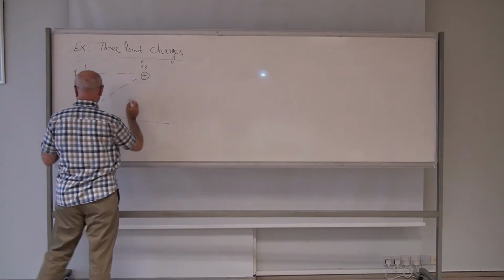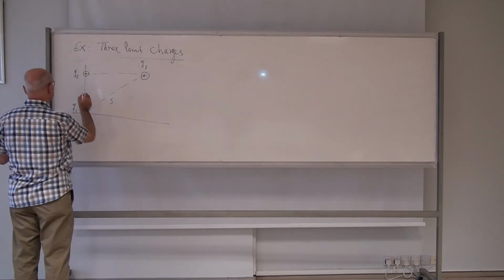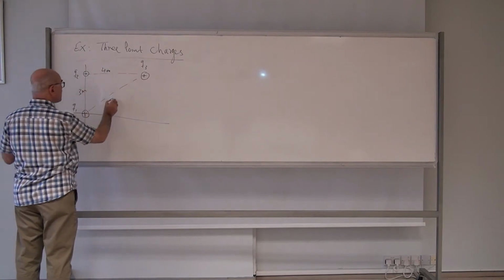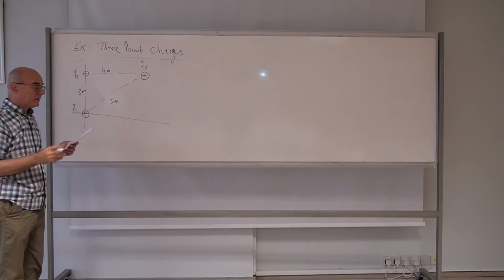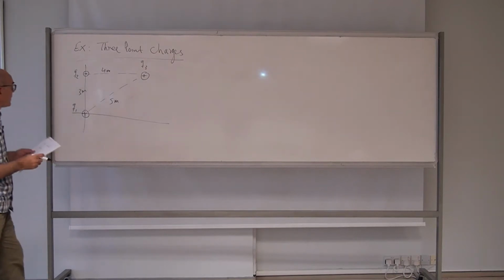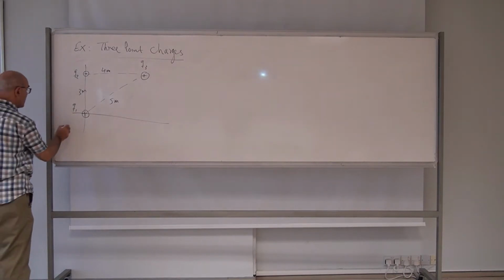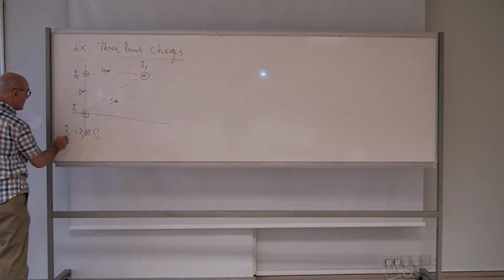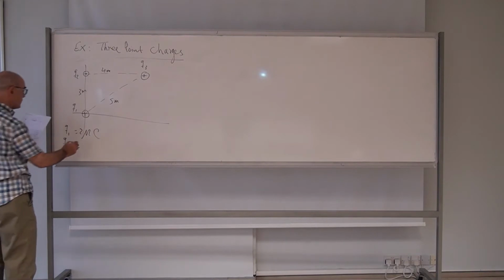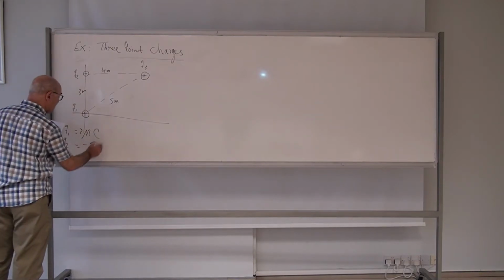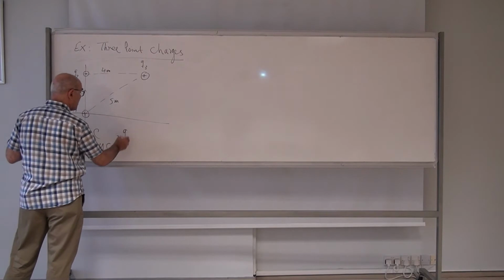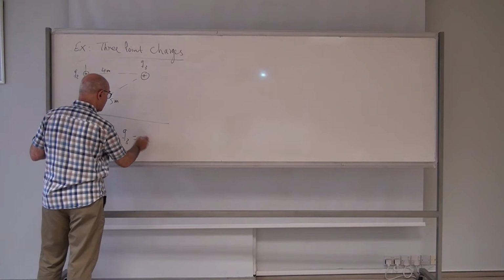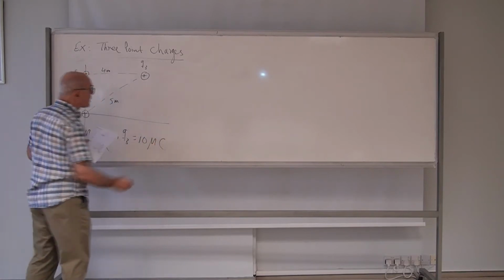Now, this is 5, this is 3, and this is 4 meters. And Q1, Q2 and Q3 are given. So Q1 is equal to 2 microcoulombs, Q2 is equal to minus 5 microcoulombs, and Q3 is equal to 10 microcoulombs.